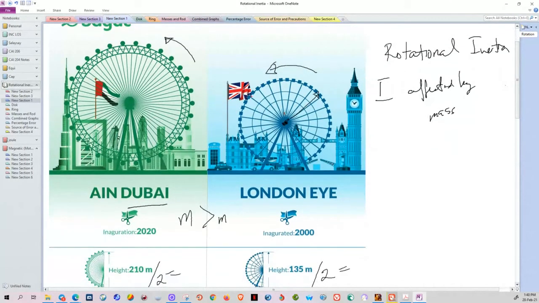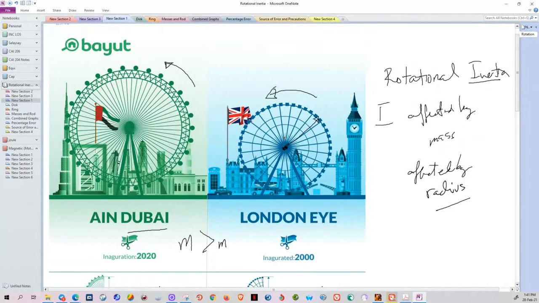Because the motion is rotational, it is also affected by the size, or in this case, by the radius of the rotation. So unlike linear inertia, which is only affected by mass, rotational inertia is affected by mass and by the radius.